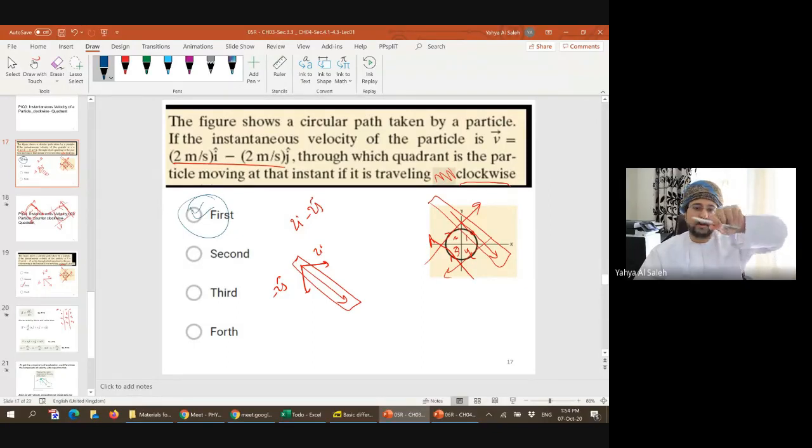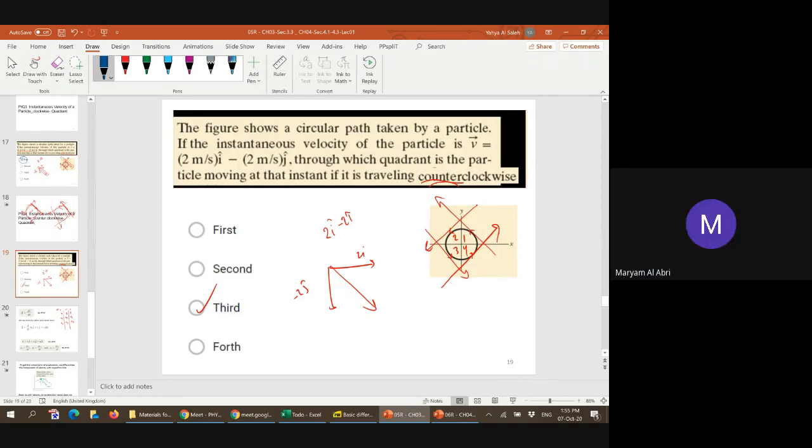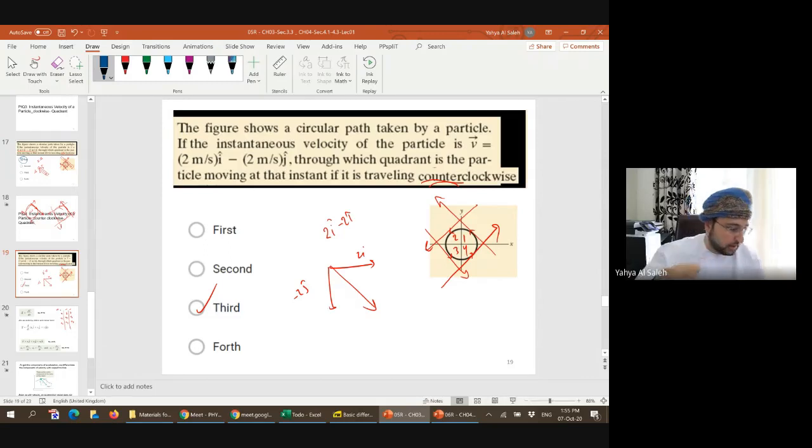So minus 45 was going up like this, so it's in the first quadrant. Here, I again got minus 45 degrees, but my direction of motion is counterclockwise, so I needed to add 180 degrees. So I went all the way to the third quadrant. Sometimes it's just easier to draw it.